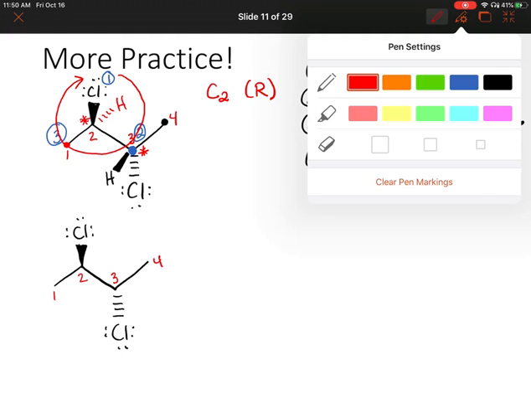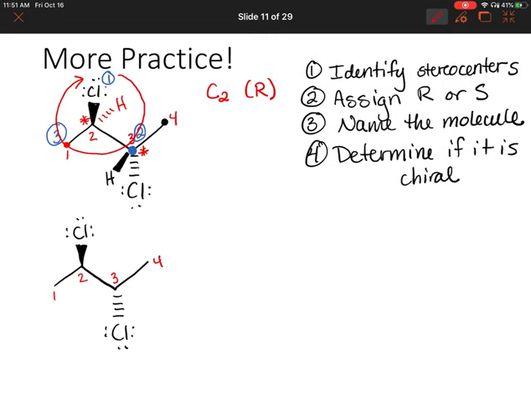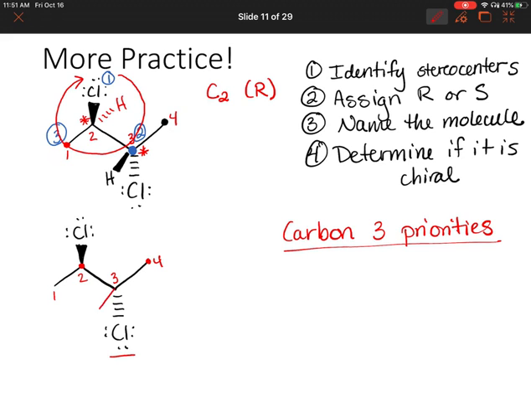All right, so let's assign carbon 3 as R or S. Okay, so what is carbon 3 bonded to? It's bonded to chlorine down below, and then it's bonded to a carbon on the left, a carbon on the right, and then a hydrogen that's in a wedge position coming out towards us.